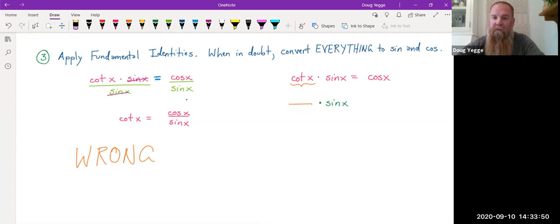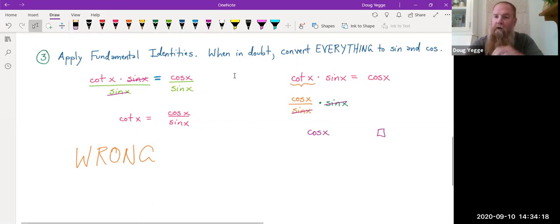So this is why it would have been a better option to use our quotient identity by converting cotangent x into cosine x over sine x. And now the reason that cotangent x times sine x is equal to cosine x is because when I use that quotient identity, the sine x's cancel, leaving me with cosine x, and therefore I have proven the identity.